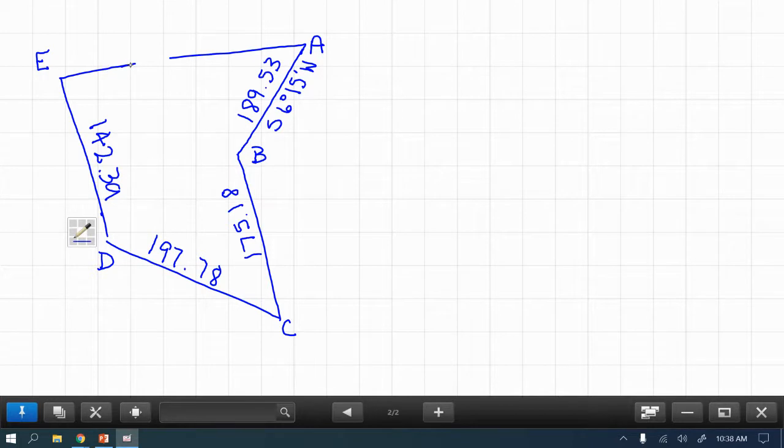These are distances. I'm just putting them on there so you have them to put in your chart. All right, so I gave you 615.189.53, 175.18 for the next, 197.42.39. Okay, so now I need to put my adjusted angles in here.